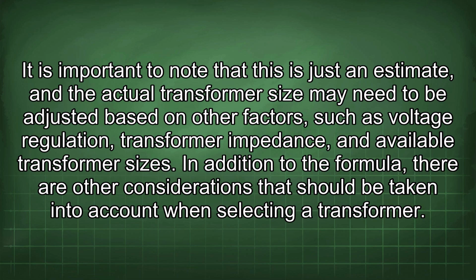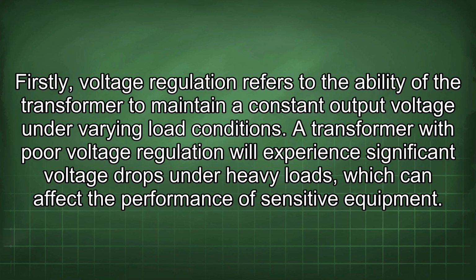It is important to note that this is just an estimate, and the actual transformer size may need to be adjusted based on other factors, such as voltage regulation, transformer impedance, and available transformer sizes. In addition to the formula, there are other considerations that should be taken into account when selecting a transformer. Firstly, voltage regulation refers to the ability of the transformer to maintain a constant output voltage under varying load conditions.